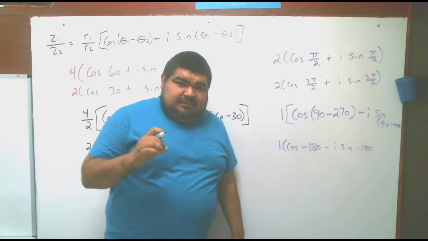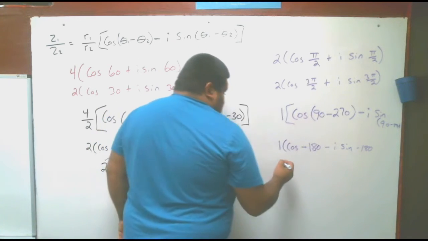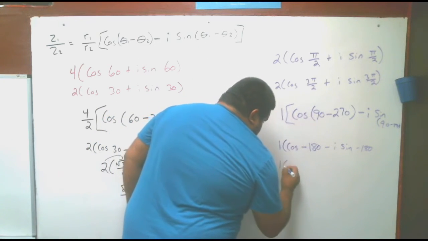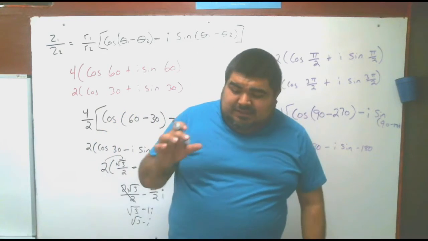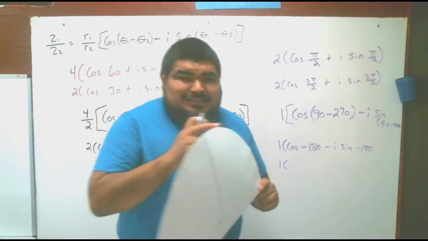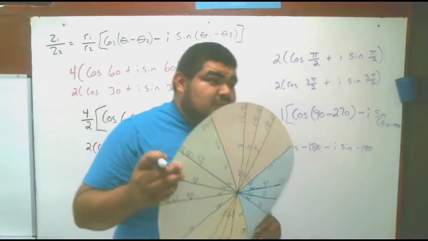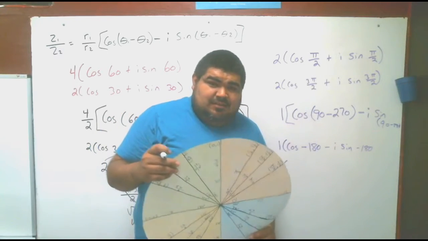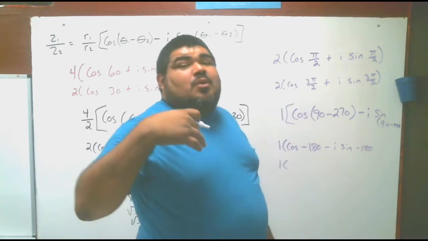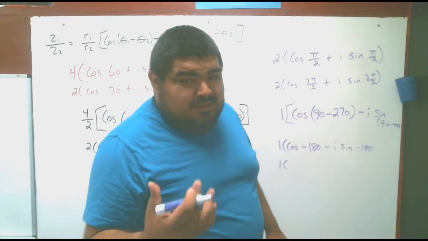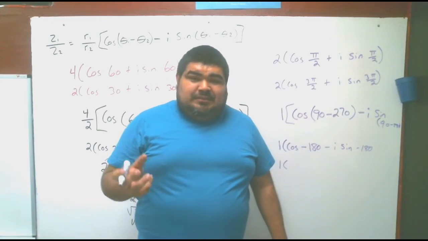Keep in mind, guys, okay? Negative 180 is still the opposite from 360, okay? So we add 360, we have negative 180 plus 360 is still positive 180, okay? Remember those switching angles with positive or negative 360?